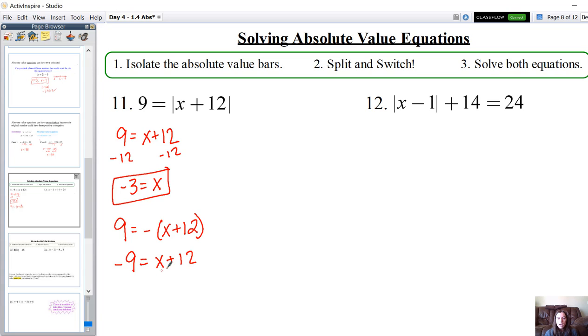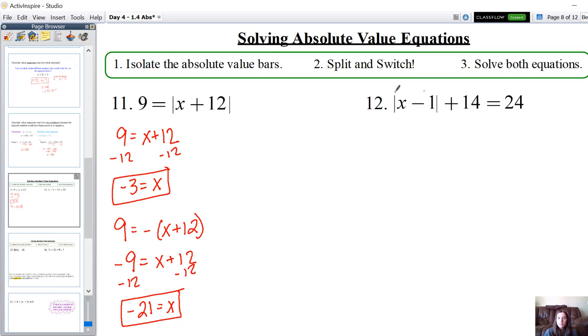Then again, we're going to subtract that 12, and we get -21 for our other value of x. Now, if you're still not sure if you're getting these right, go ahead and evaluate by plugging in -3, plugging in -21, and seeing if you get back to 9.